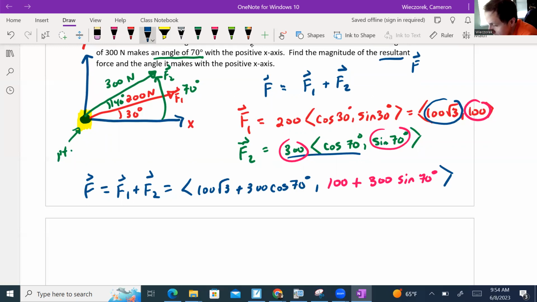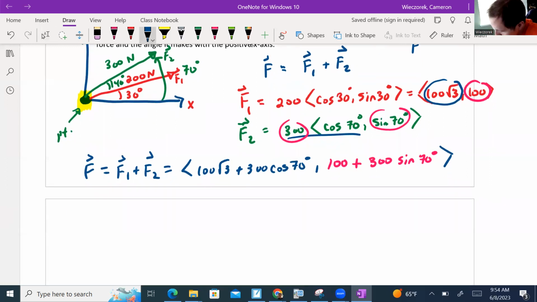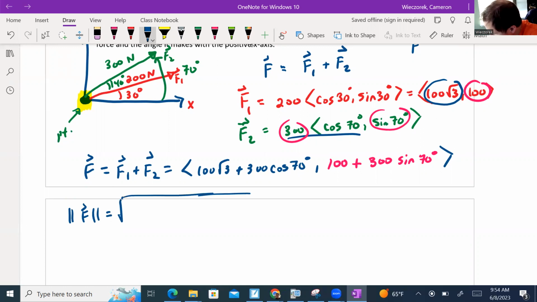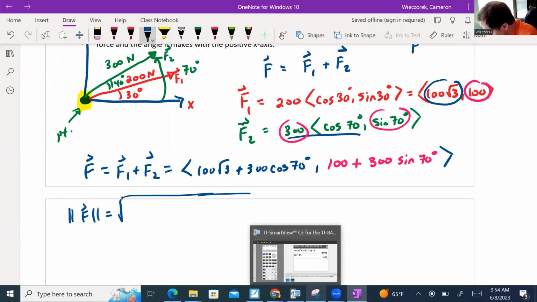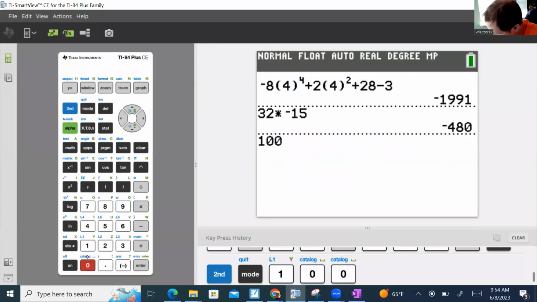And I want to find the magnitude and the angle that it makes with the positive x-axis. So to get the magnitude, same as we've been doing, Pythagorean theorem. I'm going to throw these into my calculator and see what I get. So I'm going to get 100 rad 3 plus 300 cosine 70.